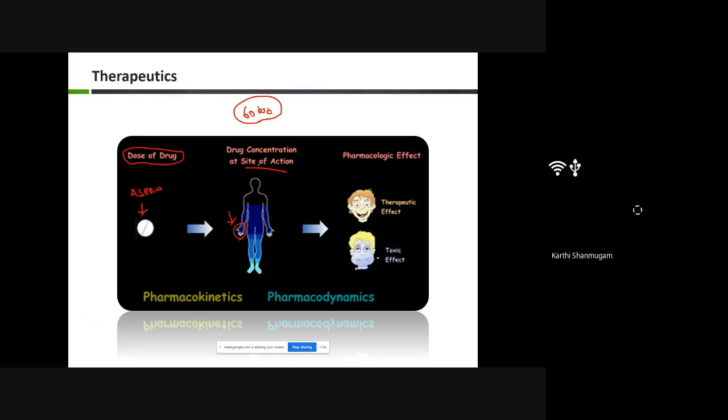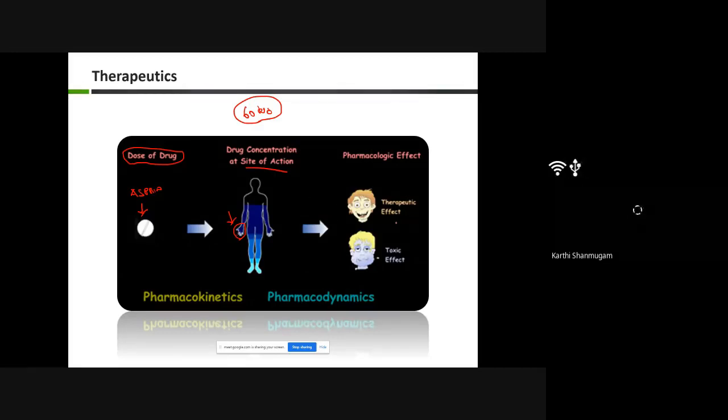That is the place where the drug molecule should go and act on the corresponding drug target. Once you take the drug molecule, once it is distributed throughout the body, and once some amount of it reaches the site of action, it can result in two different things.